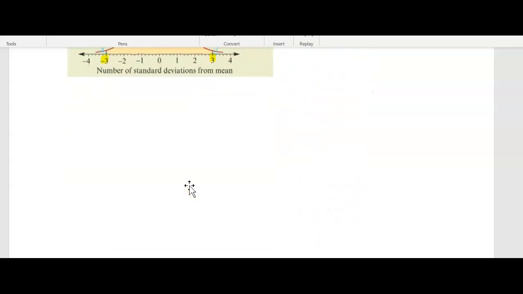Sometimes you might have a question where you have to look at not necessarily one standard deviation either side, but you might have to go from, say, the mean to one standard deviation above, so +1. So you need to work out what that area is.